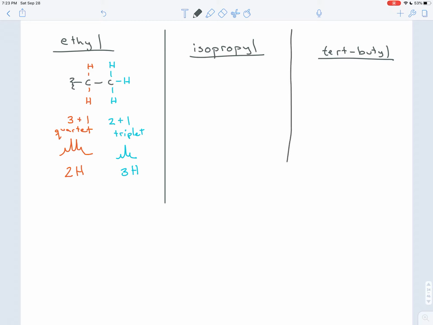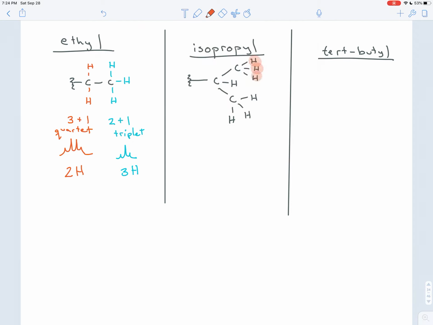Okay, isopropyl group. So an isopropyl group, let's say that's where it's attaching to the backbone. In an isopropyl group, you sort of have this snake's tongue carbon arrangement. And on each of those end carbons, you have three hydrogens. And for this middle carbon, there's just one hydrogen. So here, you're going to have two peaks again.